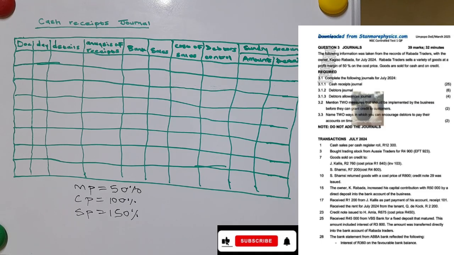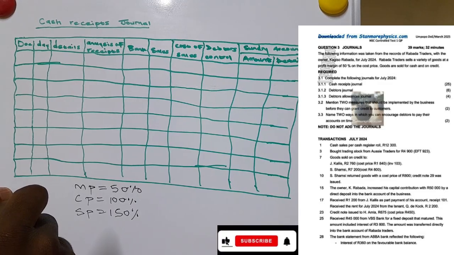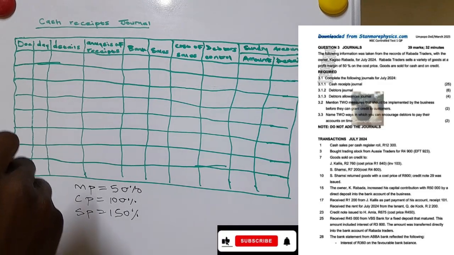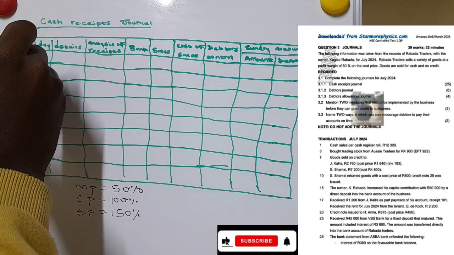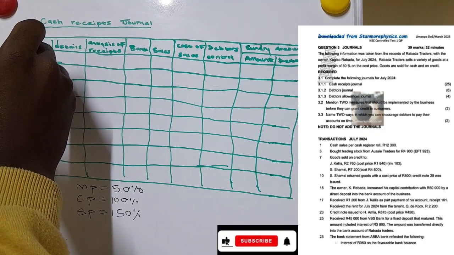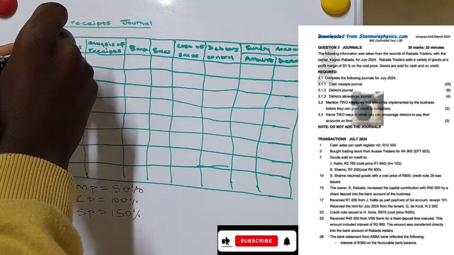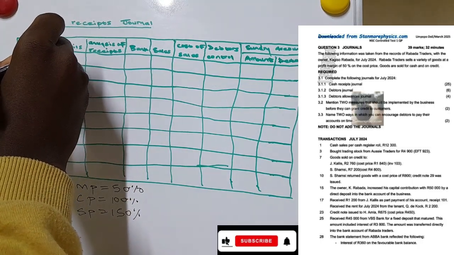Cash sales per cash register roll, 12,300. So cash sales, as here we received money from our sales, meaning we are going to record this under the cash receipt journal. Our document number is going to be the cash register roll, which is CRJ. Then our day is 1.